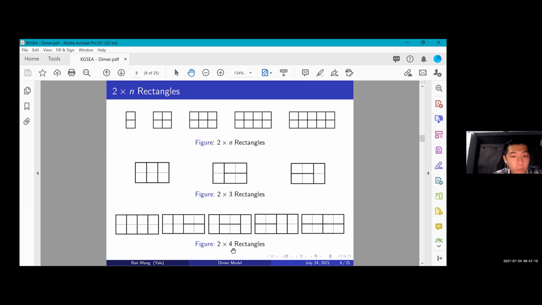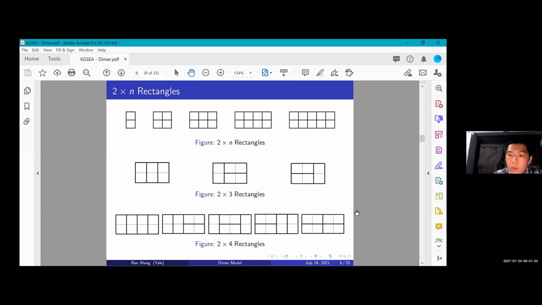For the 2 times 4 rectangle, it's similar. For the 3 cases on the left, we can see that they differ from our 2 times 3 rectangle cases only by the domino on the left. If we delete this, it's totally the same.